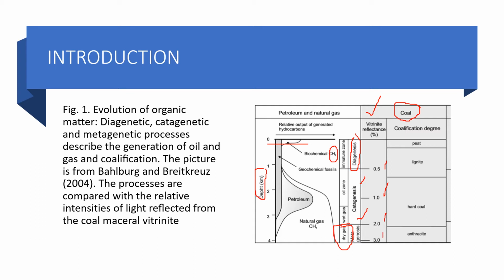So you need to know that, for example, peat, which you can readily find anywhere on the surface of the earth, has a very low vitrinite reflectance, whereas anthracite, which you probably see a lot of easily in the Miri area of Sarawak, has a vitrinite reflectance close to 3.0.